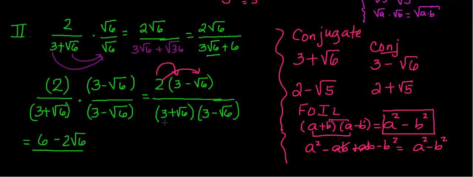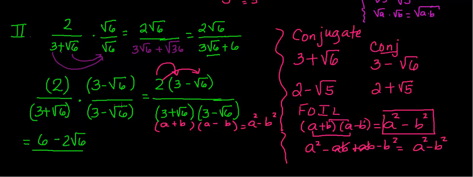In this case, I have a plus b, a minus b. And it's a product. So I know that the answer to this denominator, I'm going to write it down here, is going to be this first number, that times that, we already know is equal to that first number squared minus the second number squared.